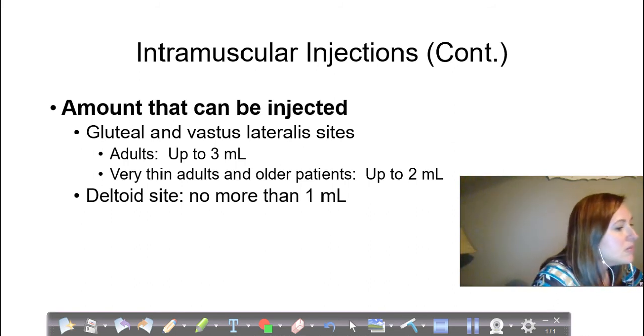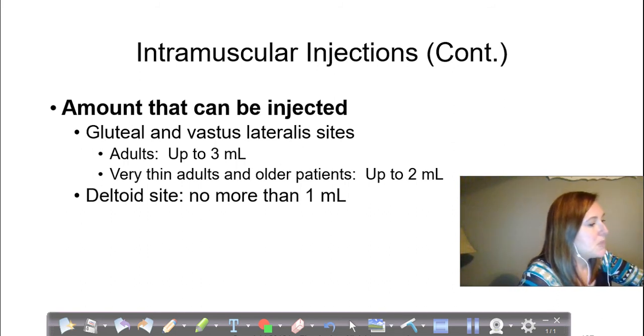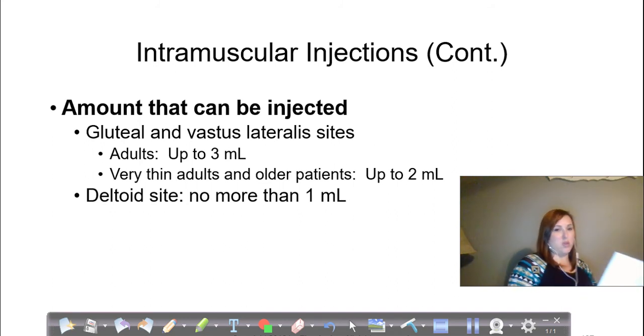Your sites are located on that page. So the dorsal gluteal, which is diagram A, is an area where you can inject up to 3, and the vastus lateralis, which is figure C. Figure B is the deltoid, never more than 1 ml because that's a small muscle.